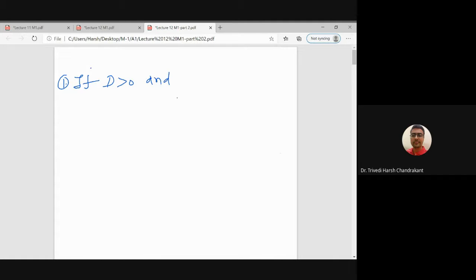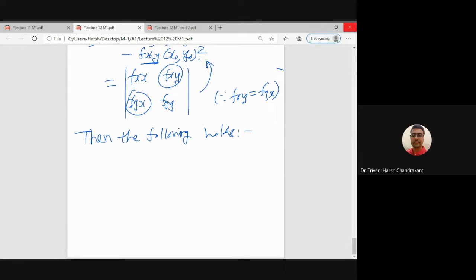In the one-variable second derivative test, we know that second derivative greater than 0 gives a local minimum, and second derivative less than 0 gives a local maximum. So that condition comes in terms of the discriminant here.